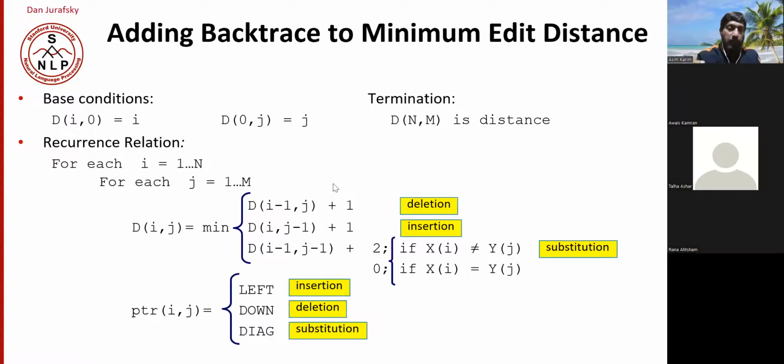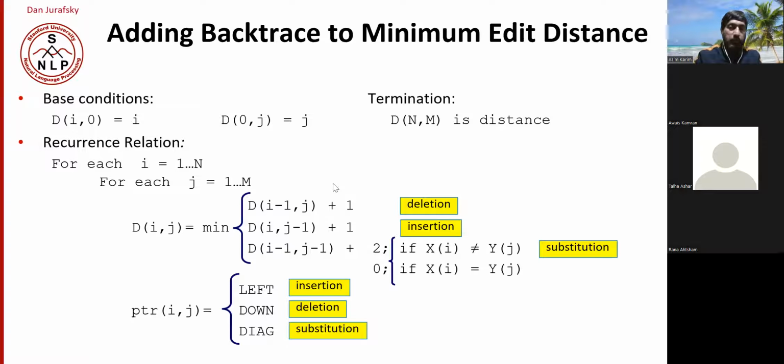We define a matrix D of size m plus 1 and n plus 1, so from 0 to m and from 0 to n. We initialize all values of this matrix to 0. And then we also initialize D(i,0) to i and D(0,j) to j.